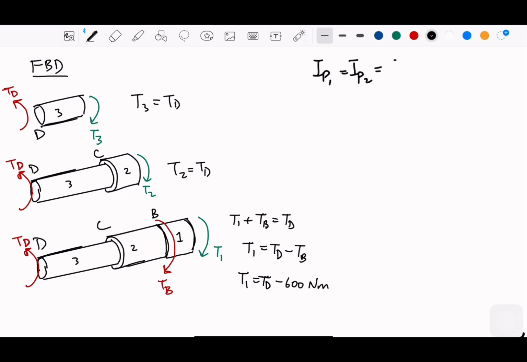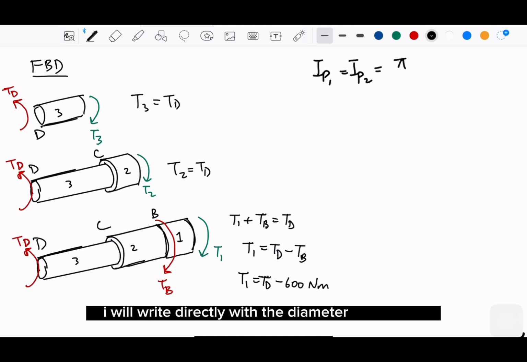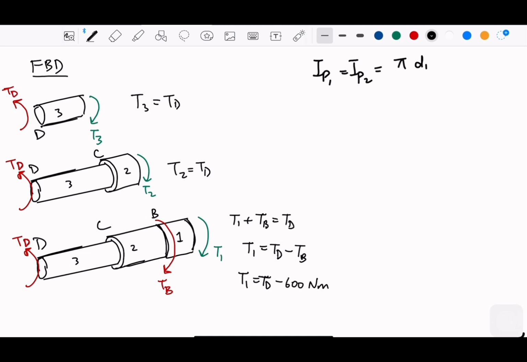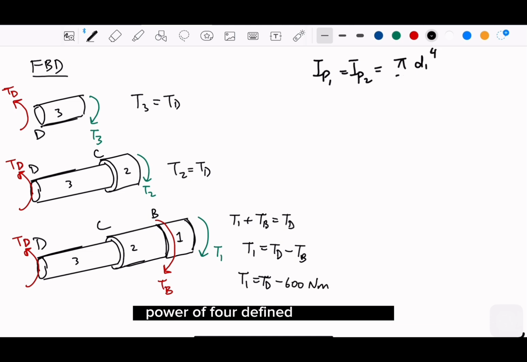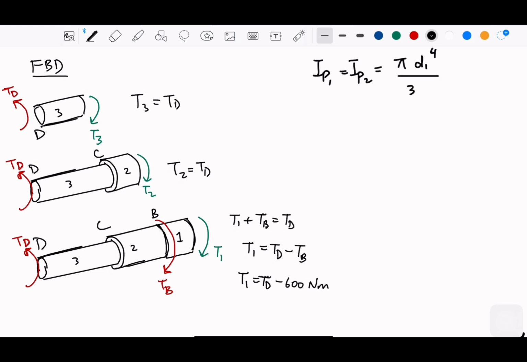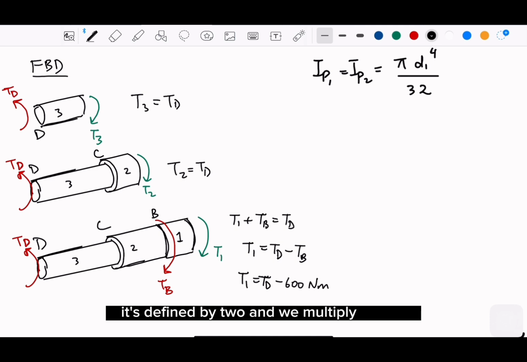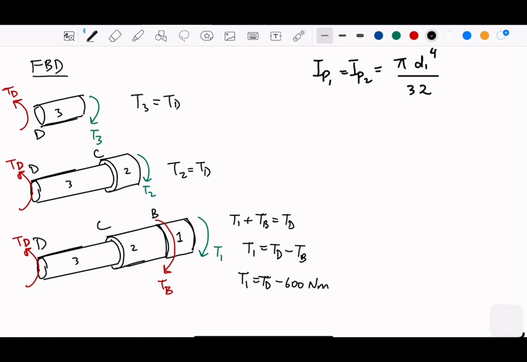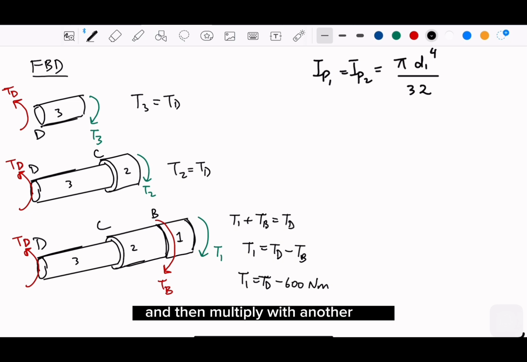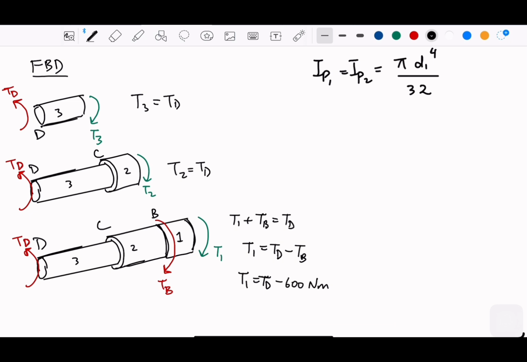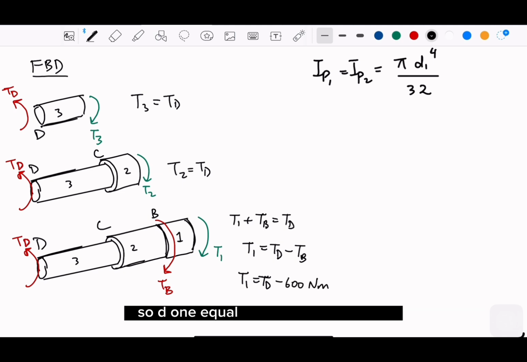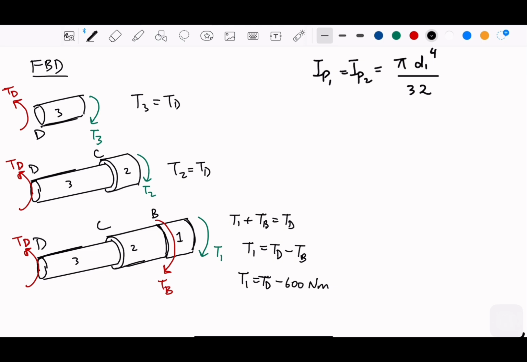Which is pi, I will write directly with the diameter, D1 to the power of 4 divided by 32. 32 came from divided by 2 to the power of 4 and then multiplied by another 2. So D1 equals D2 is equal to 40.